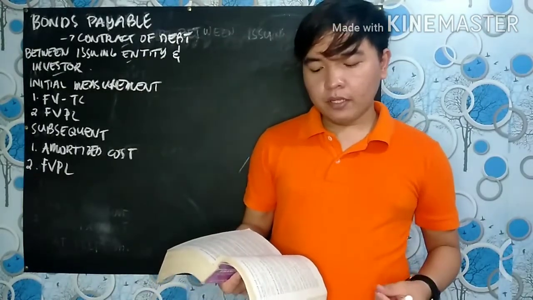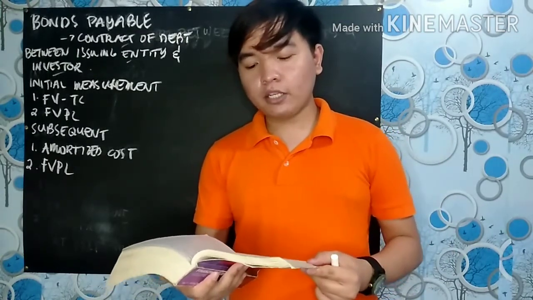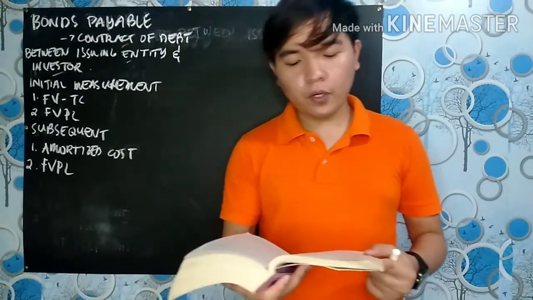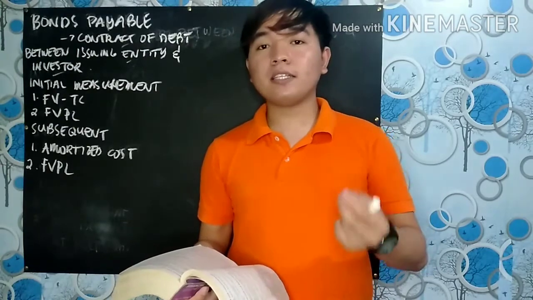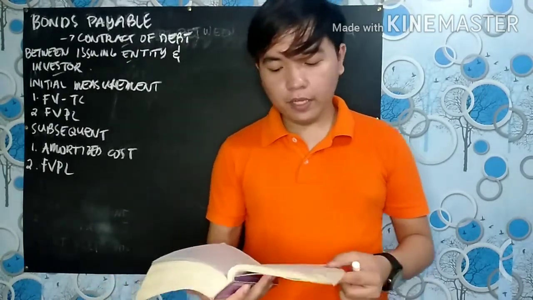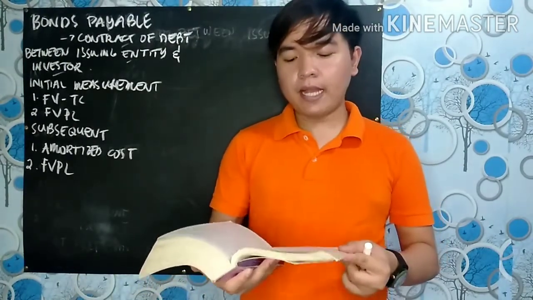Pangatlo naman, registered and bearer bonds. So, when we say registered bonds, it requires the registration of the name of the bondholder on the books of the corporation. So, yung bondholder or the investor, meron siyang registration ng kanyang pangalan doon sa corporation. Okay? Pangalawa naman is coupon or bearer bonds.